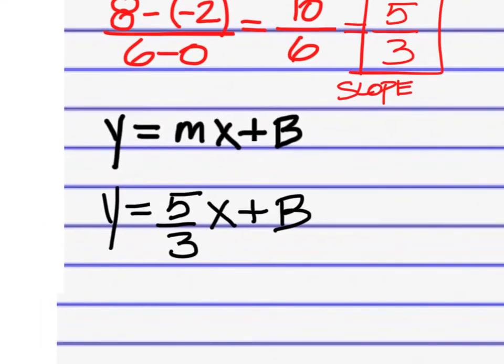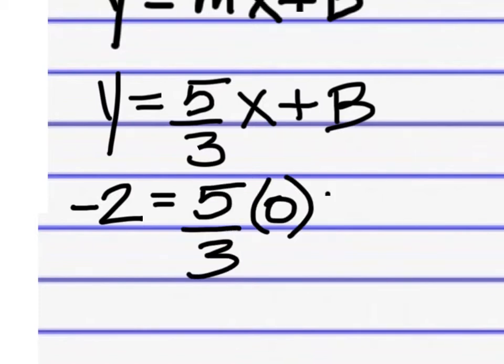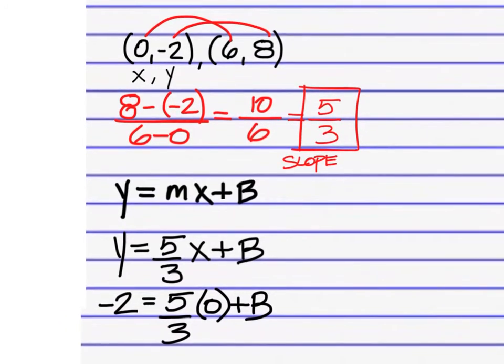So y is negative 2. And I cannot erase this y. Maybe I can. I didn't mean to write y. There we go. Y is negative 2. And x is 0. That comes from the first point up top.